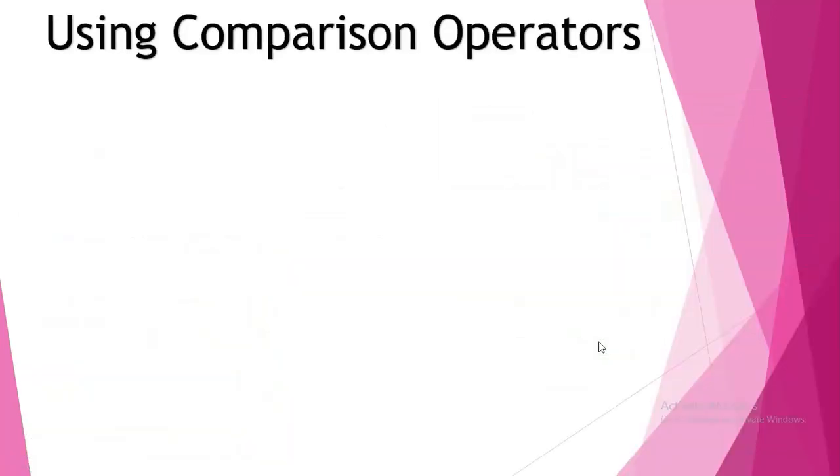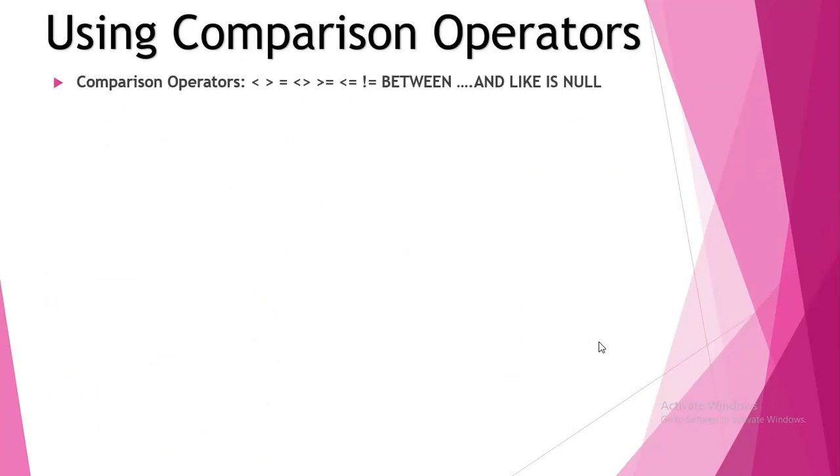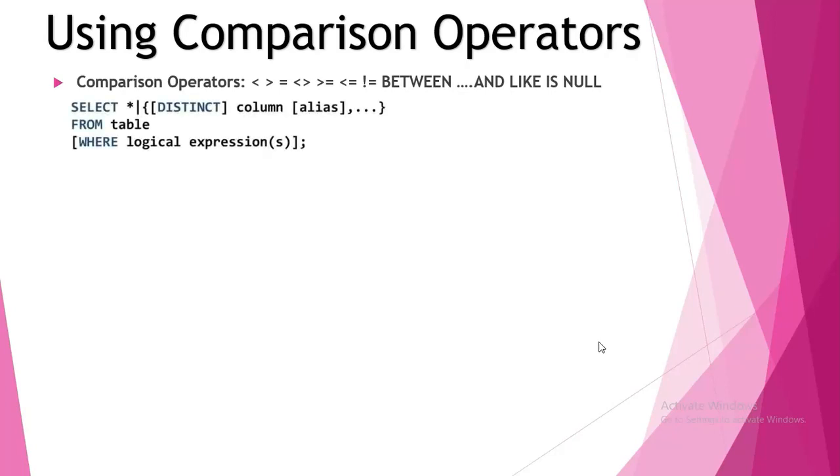Now, using comparison operators: less than, greater than, equal to, greater than or equal to, less than or equal to, not equal to, and also BETWEEN AND, LIKE, IS NULL. Here is the model syntax: select star or distinct column, we can provide an alias also, from table name where we provide logical expressions.